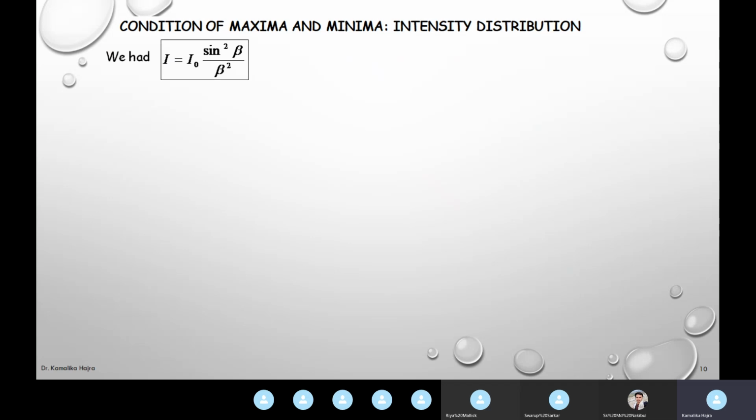Okay, so we had I equal to I0 sine squared beta by beta squared, so that intensity is maximum or minimum when dI d beta equal to 0. I is a function of beta, so we know that it will be maximum or minimum when dI d beta equal to 0.